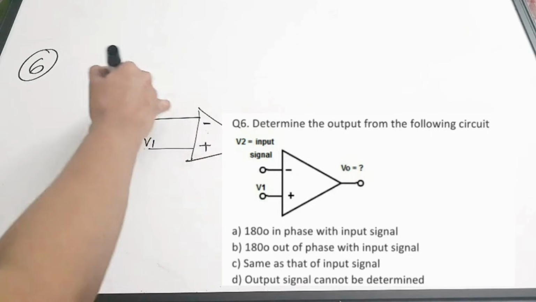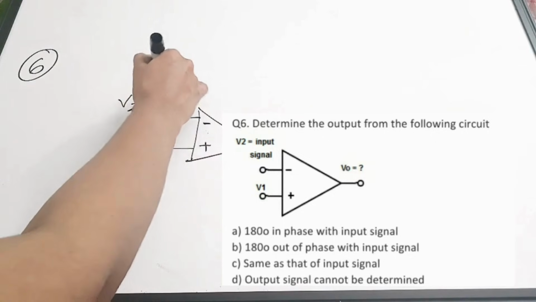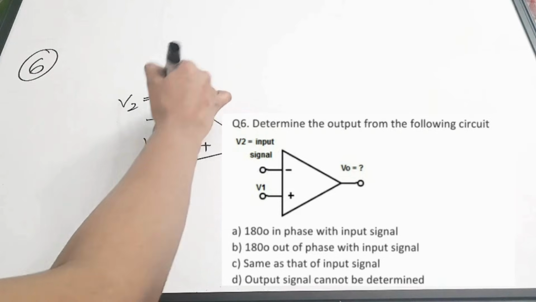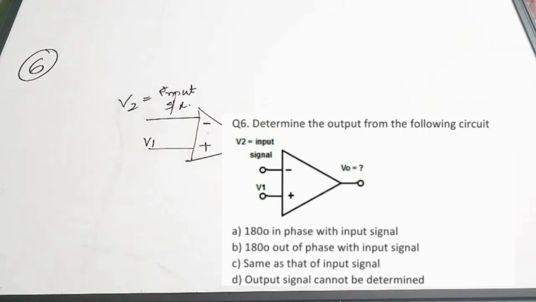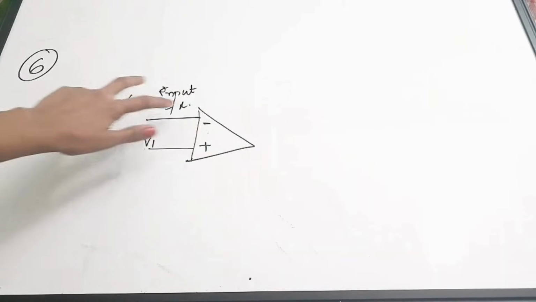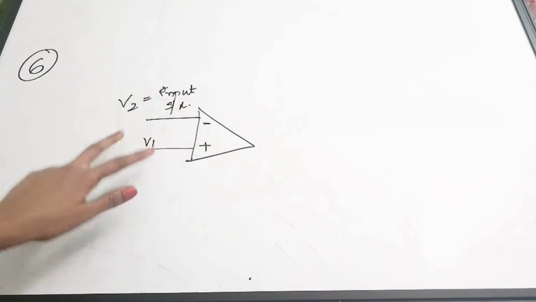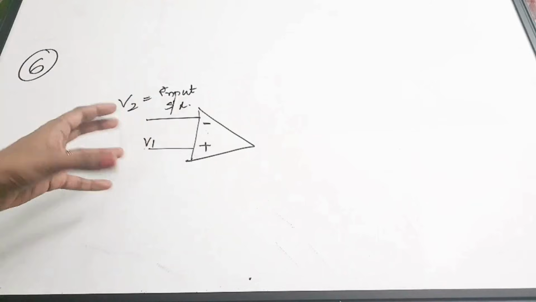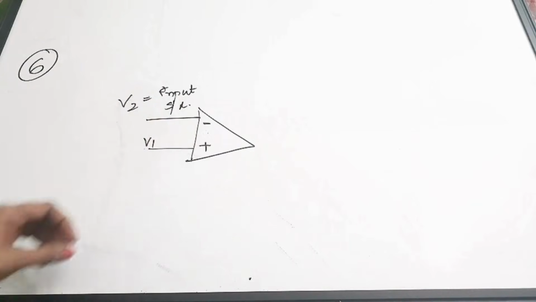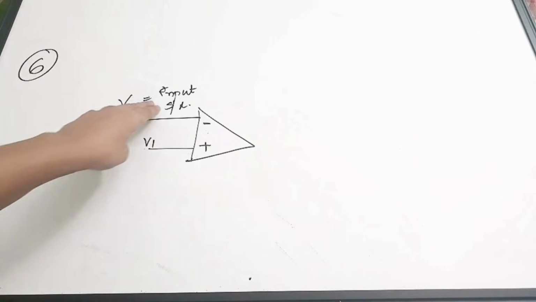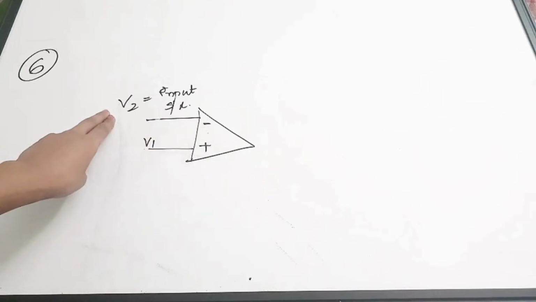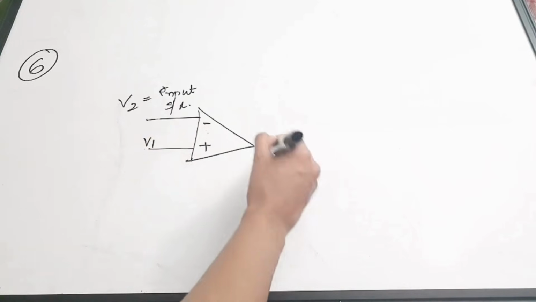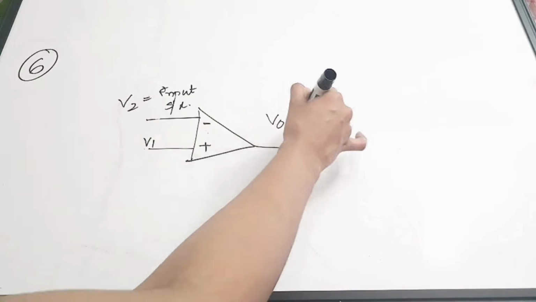There is V2, and to V2 you are going to connect your input signal. The value of V1 is not given, so we cannot really assume any voltages being connected to that. It is given that an input signal is connected to the inverting terminal, that is V2. Now V out is equal to dash.